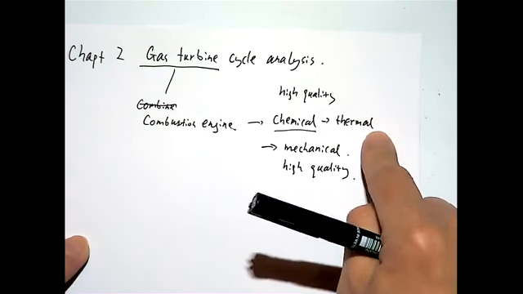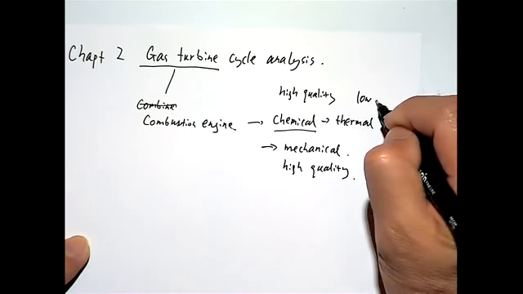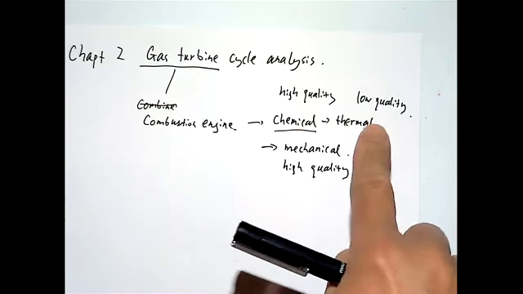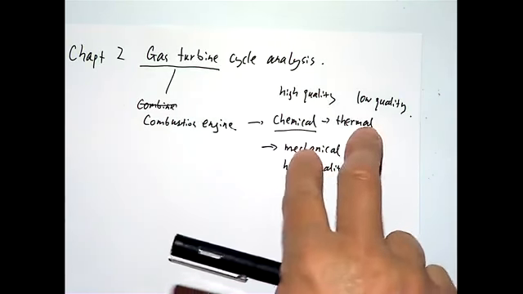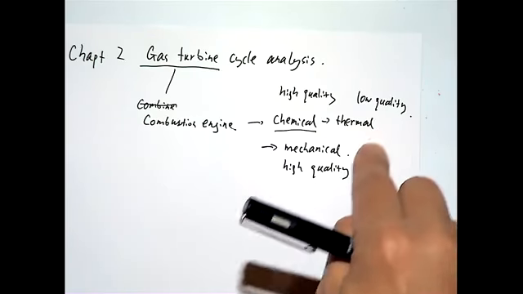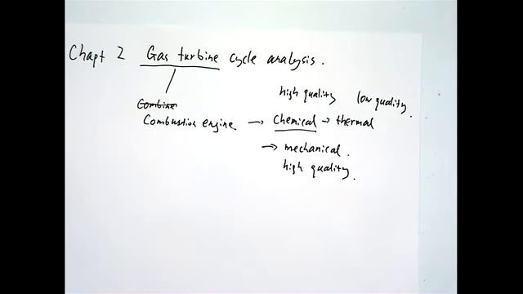Thermal or heat is not. It's a low quality form of energy. You go from high to low, the process can be very efficient. This process can be close to 100%. But from low to high, it's inherently difficult. So that's limited by the second law.